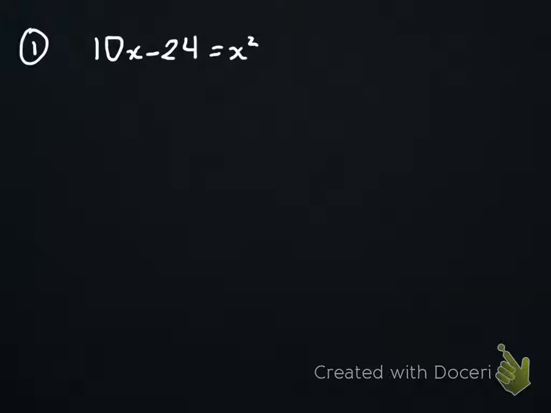So, if I want everybody joining the x squared, what do I need to move? I need to move the 10x, and to move it, I need to subtract 10x. It cannot combine in with the x squared. What else needs to be moved?